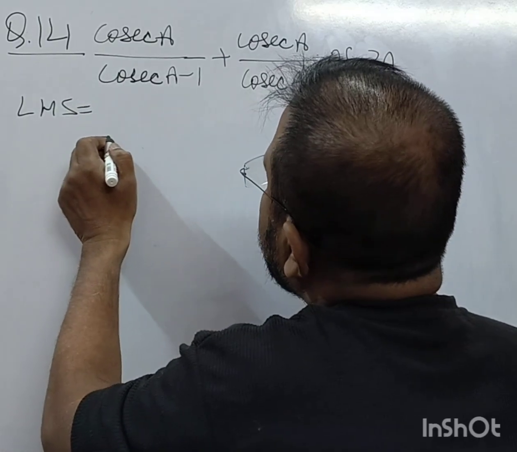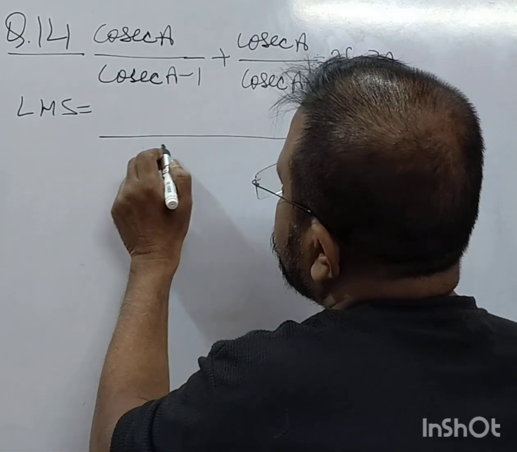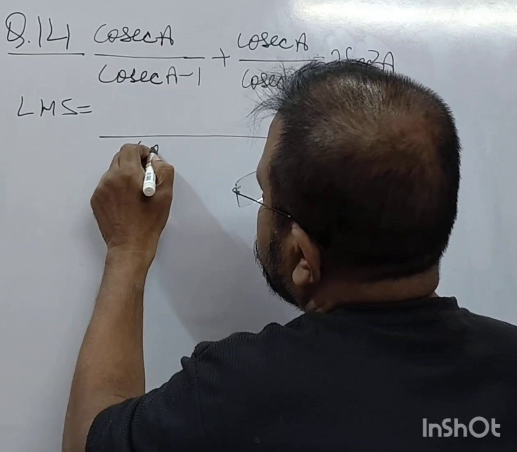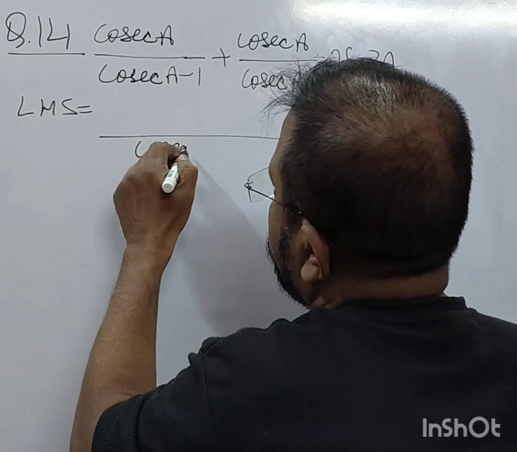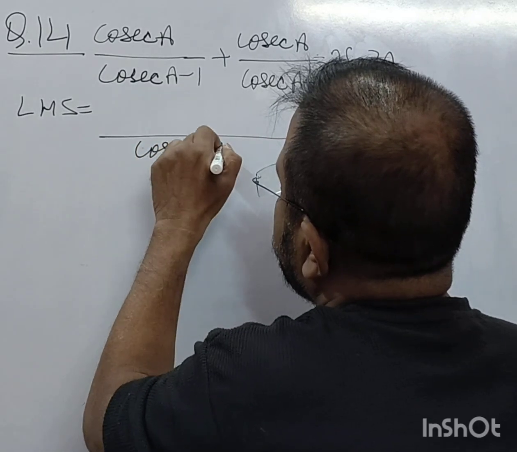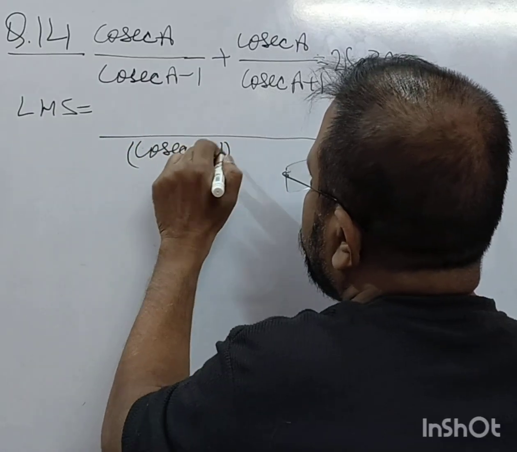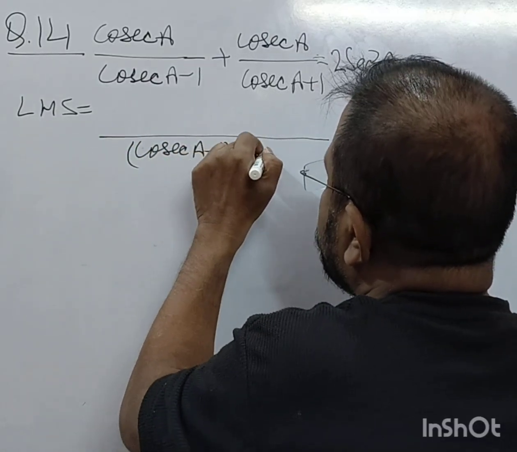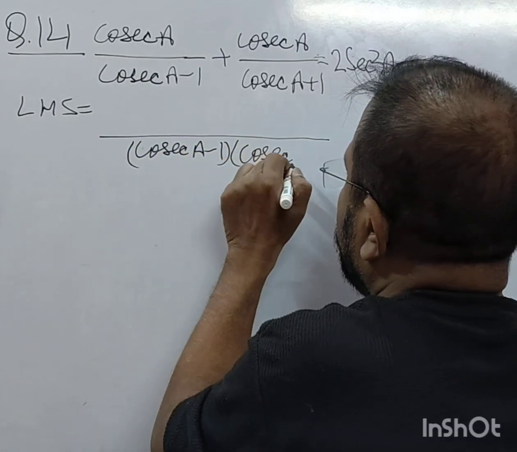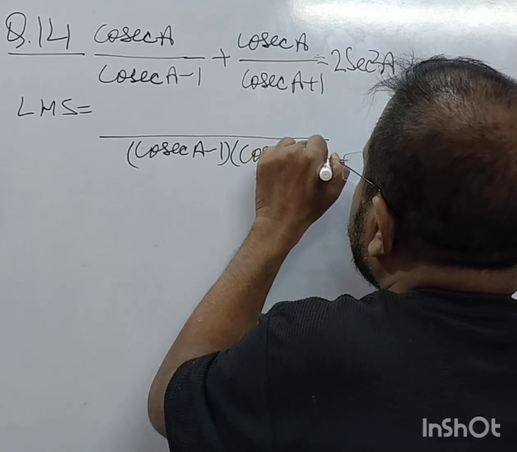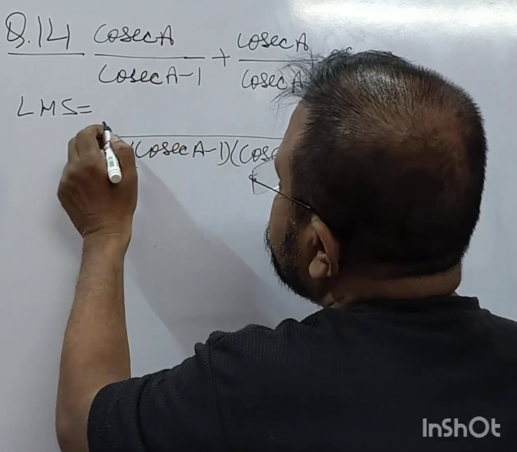So if I take LHS, cosec A minus 1 into cosec A plus 1 cancel out.